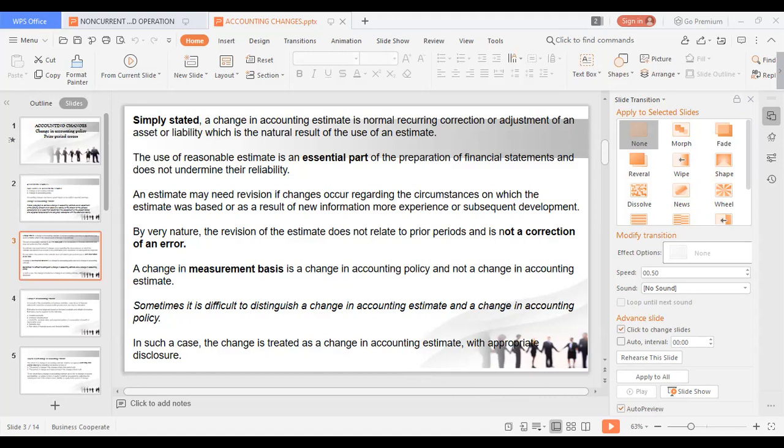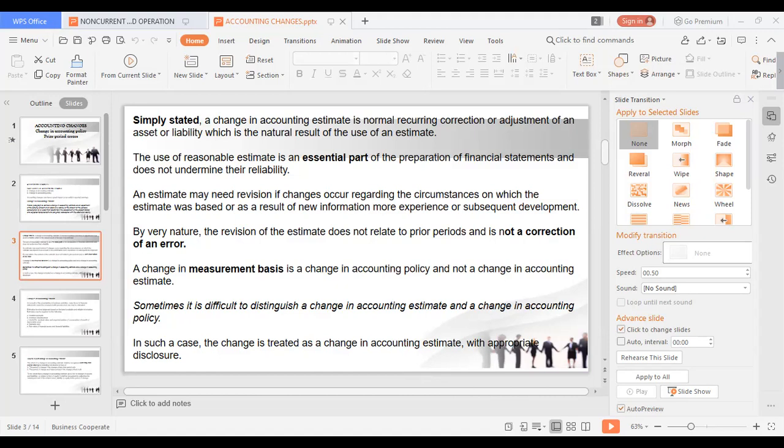The depreciable cost is 2 million, because we deduct the residual value of 100,000 from 2.1 million.